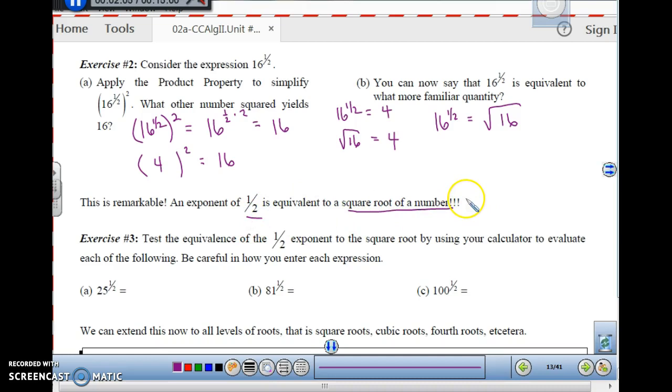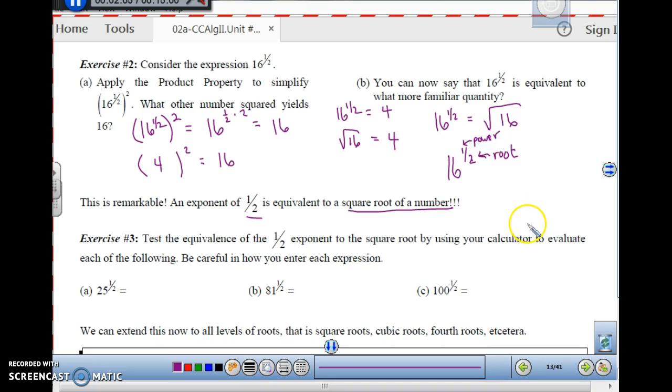Okay, now we'll be talking more about this later on, but when you see the 1/2 power, the bottom number is whatever root you're in. We don't usually write a little 2 right here for the index. If there's no number there, it's assumed to be a square root. So that is the root number that we are in. So 16 to the 1/2 power means the square root of 16. The 1 is actually the power.